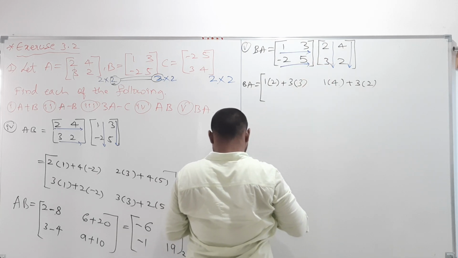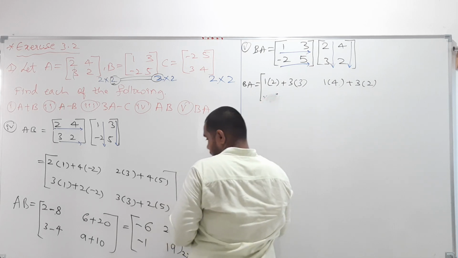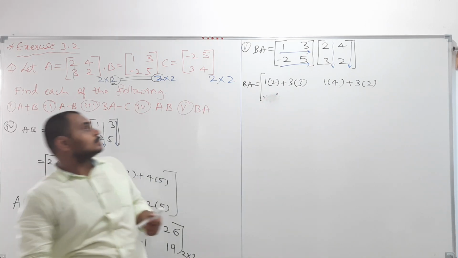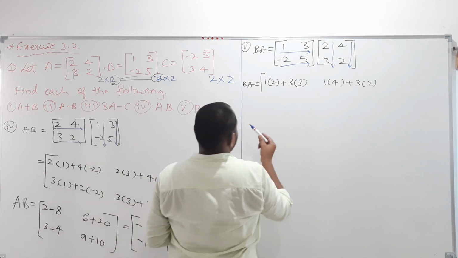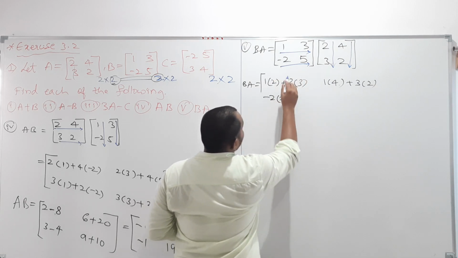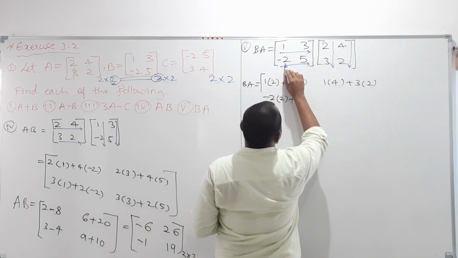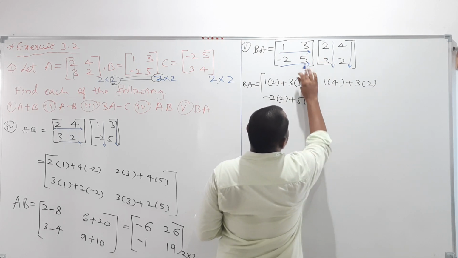first column. So second row first column: minus 2 into 2 plus 5 into 3.